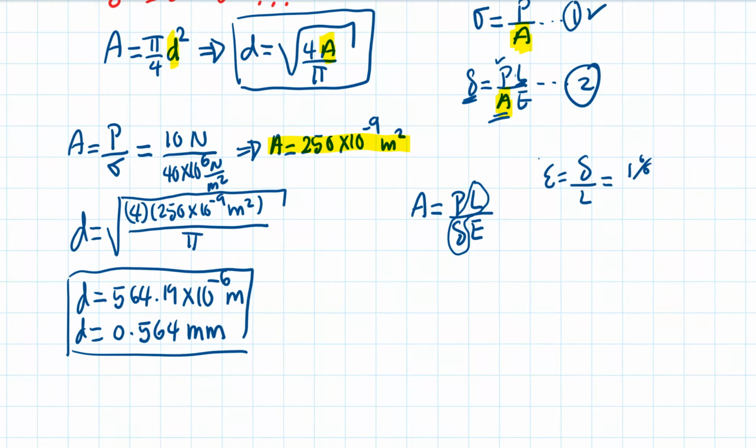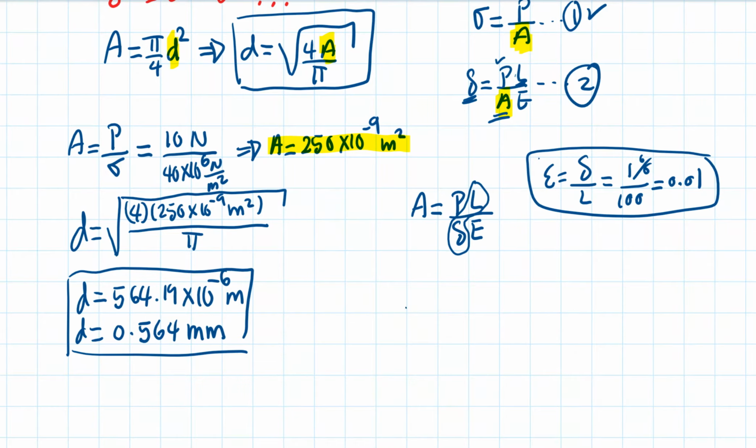We can assume that our length is 100, and 1% of 100 is 1, so 1 divided by 100 is 0.01. So that is your strain.